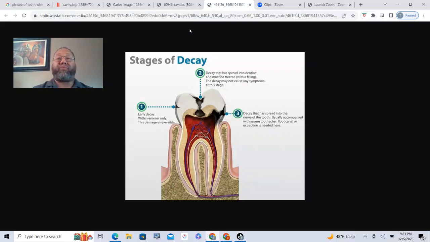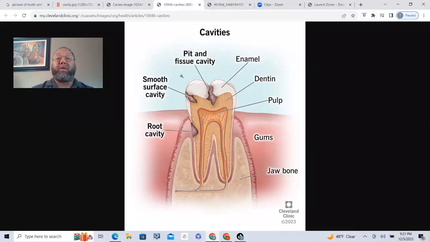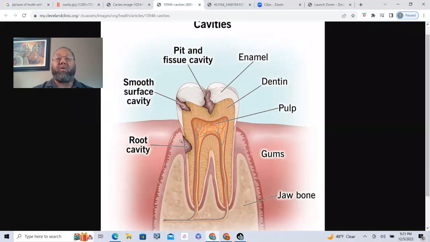As you saw on the first picture, if the decay is on the root, most of the time that cannot be fixed and the tooth will have to be pulled.